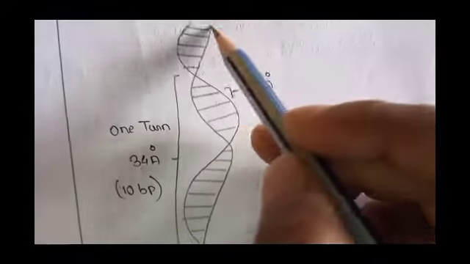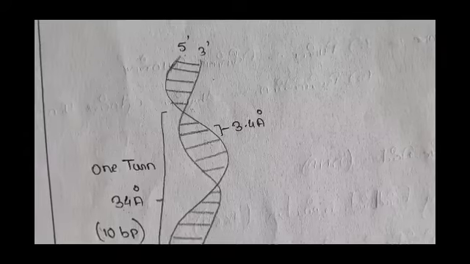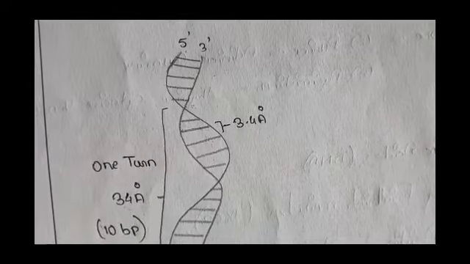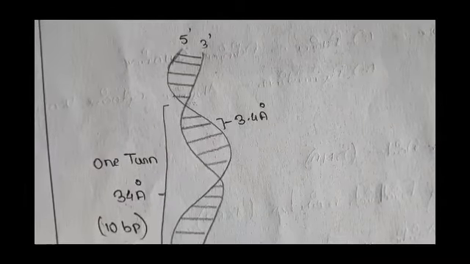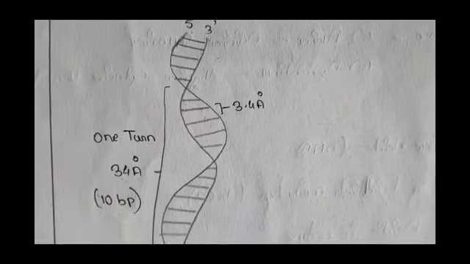But the distance from one end to the other end of the nitrogen bases is 20 angstrom.